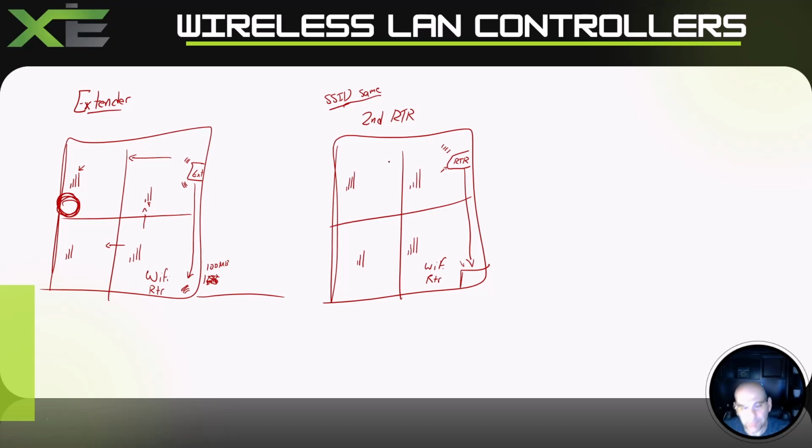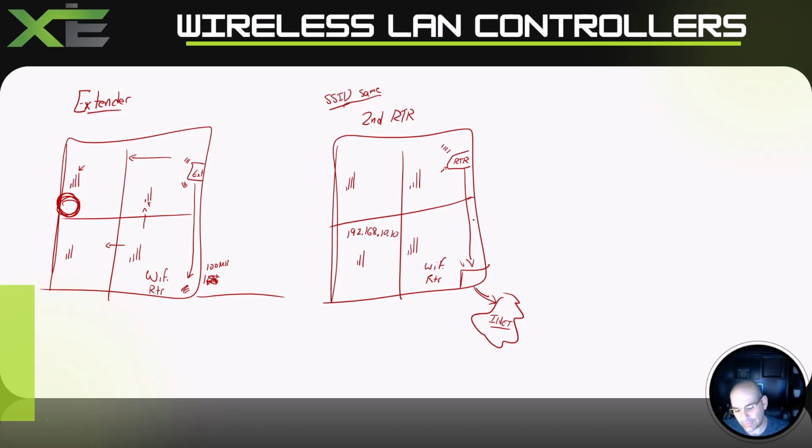The real problem with this type of configuration is that, again, they are standalone routers, which means they're going to have their own individual network. So when you connect this wireless router, it needs to know where the internet is. So this wireless router here sees its internet is out here. So it knows that inside it's going to give out, for example, your tablet an IP address of 192.168.10.10.